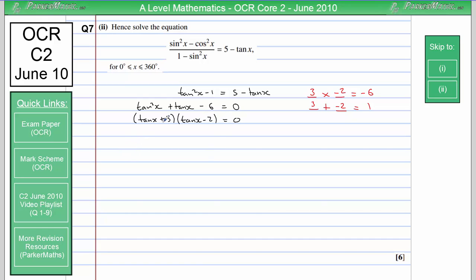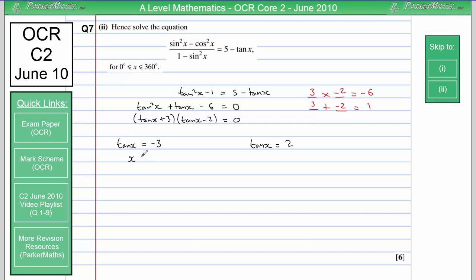So for my first set of solutions, I want to make this bracket equal 0, so I get tan x equals minus 3. For the other set of solutions, I want to make this bracket equal 0, and I get tan x equals 2.